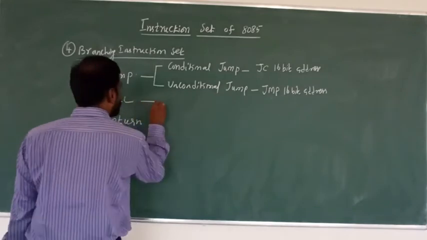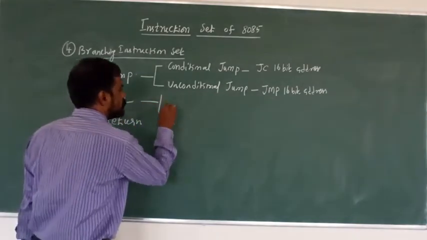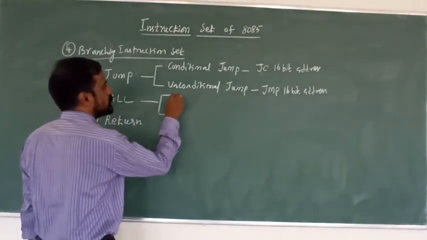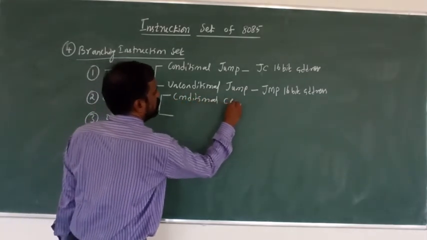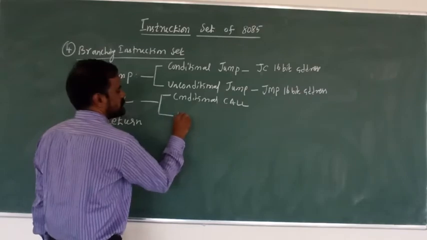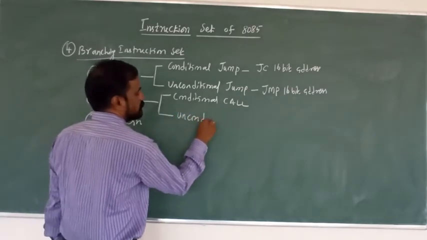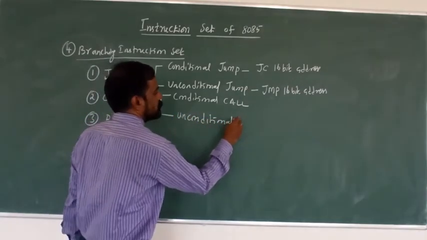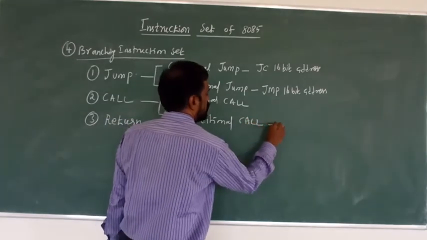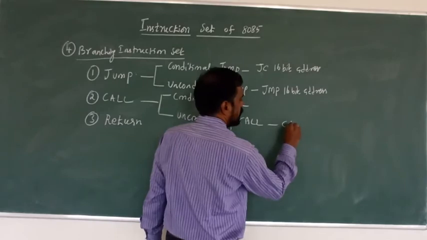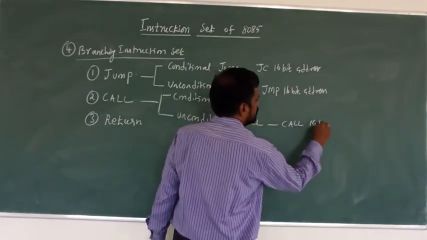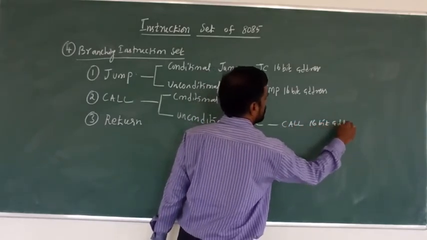Next one, call. In call also there are 2 types. One is the conditional call, and the second one is an unconditional call. Here, for unconditional call, we can use the CALL instruction with a 16-bit address.